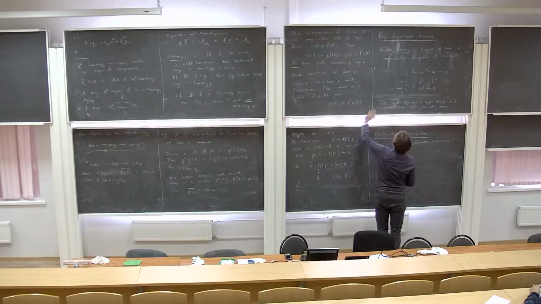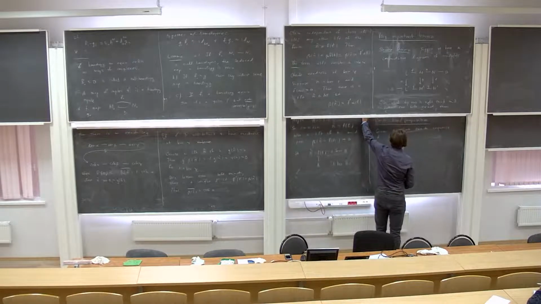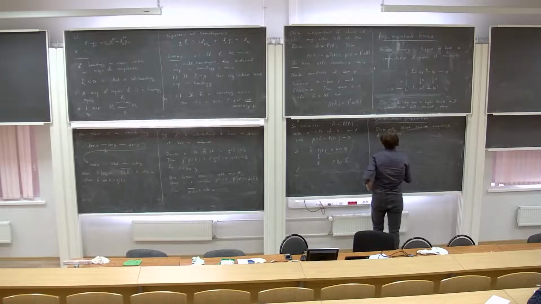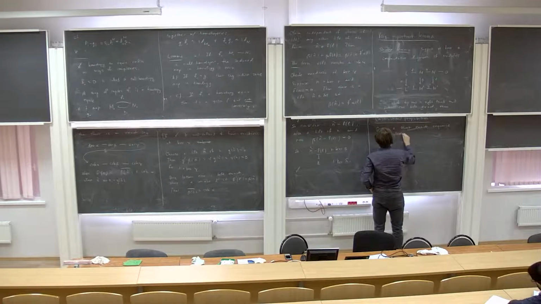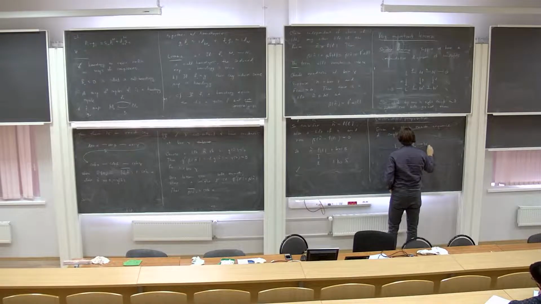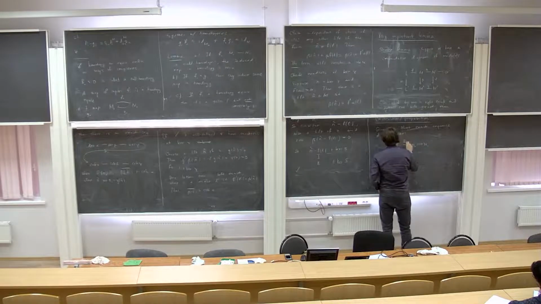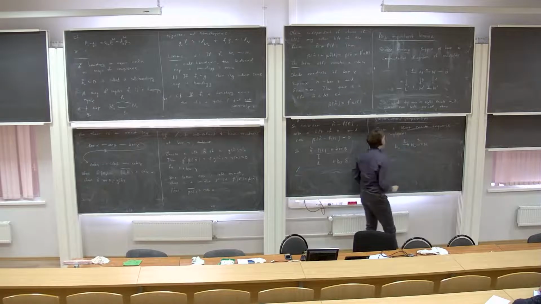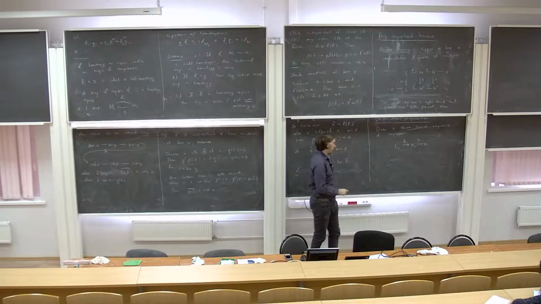So I'm going to write it out. So there's a map of complexes from L dot to M dot, and then another one from M dot to N dot.